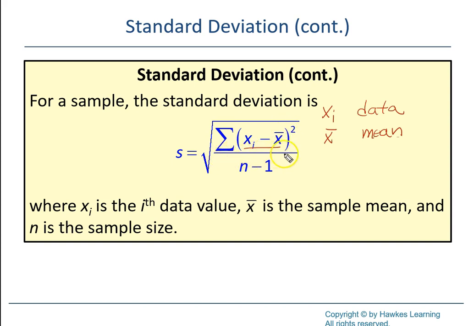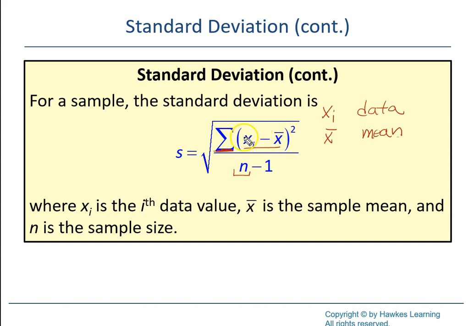And then this differs from the previous one in that we subtract a 1 from our number of items of data. So if we had 10 items of data, subtracting 1 would give us 9. So we add all of these together, and that will give us the sum. Now, it might look like you're going to multiply this times that, but you don't.